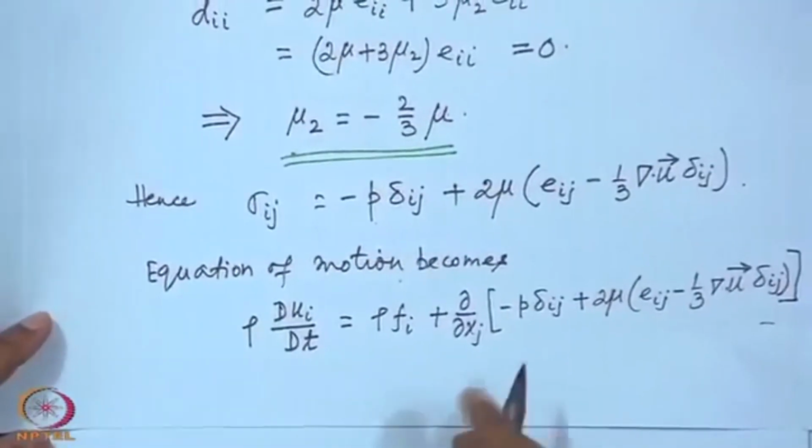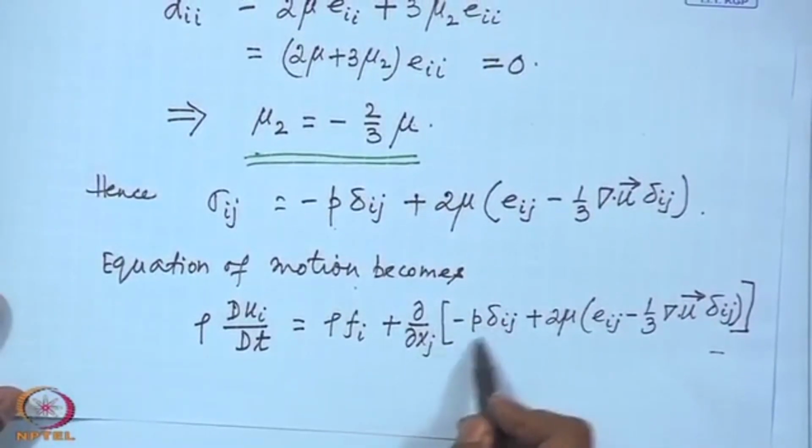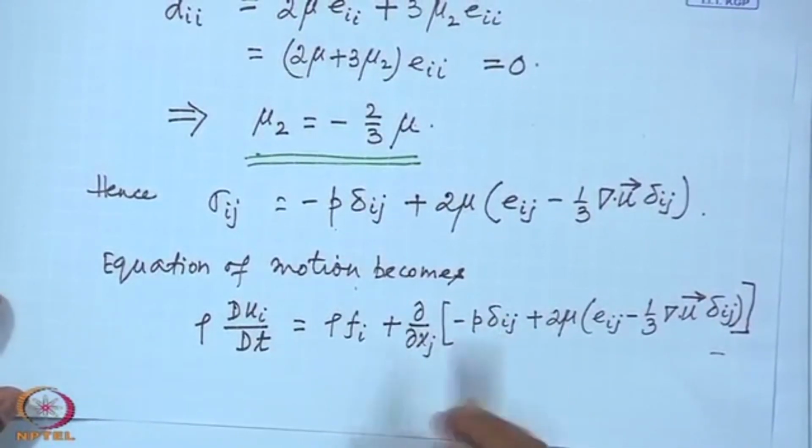Now, looking here, this first term within the bracket, ∂/∂x_j of minus p δ_ij, we will take it out from this bracket, and what will that term become?